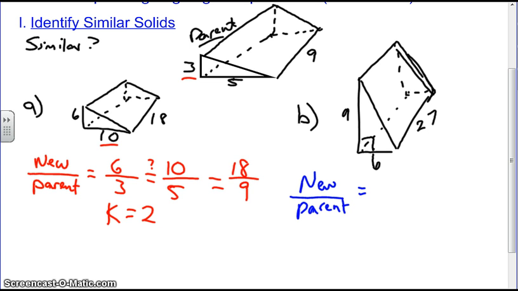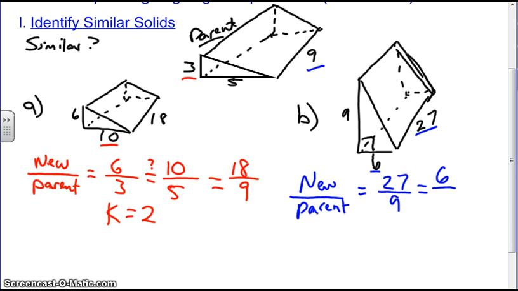So probably the easiest dimension to look at is the height between the two triangular bases, right? In the new figure it's 27, but in our parent figure it's 9, right? Okay, let's see if we can find another pair of corresponding edges. So let's go with the new figure. How about this bottom dimension of 6?